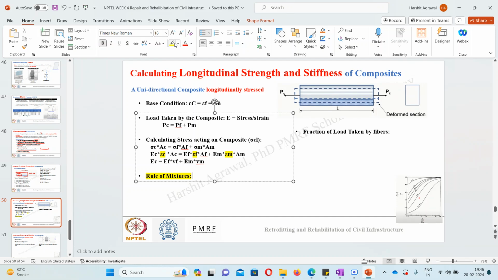So depending upon the volume, I am getting the property of my composite. Okay, I hope this is clear to everyone. Any doubts in this part?